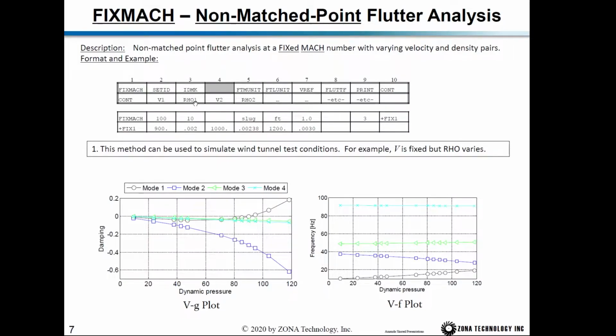However, if the velocity and density pairs satisfy V equals Mach number times the speed of sound, then with this fixed Mach card, actually you are doing match point Flutter analysis. This one will plot the damping and the frequency as a function of dynamic pressure, and so you can see it flutters at a dynamic pressure of about 90.